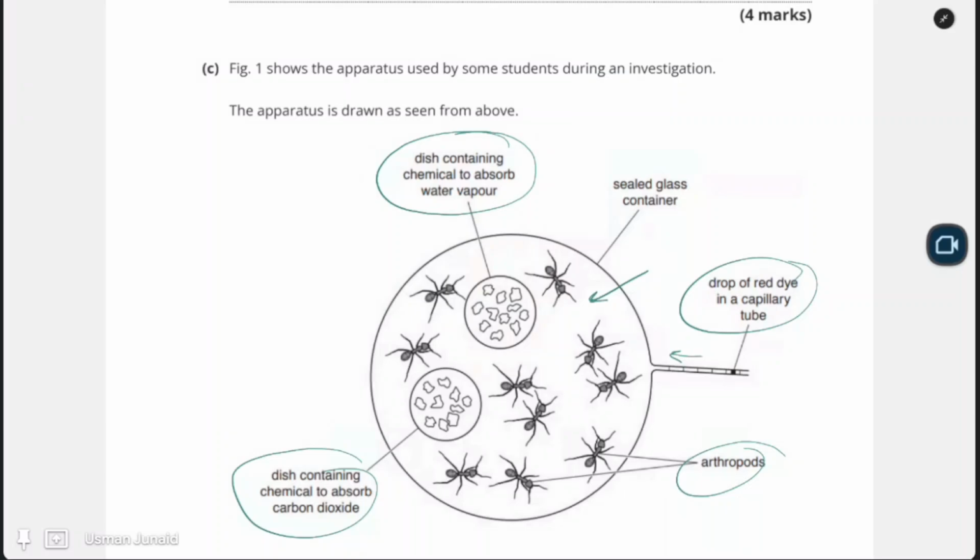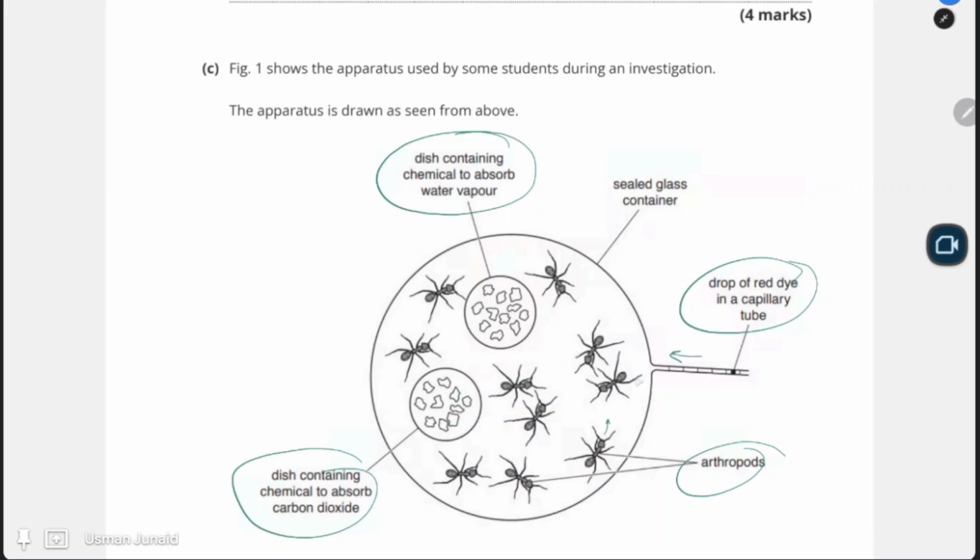Drop of red dye in a capillary. From the drop of red dye? No, no. Carbon dioxide is being produced by each and every one of these arthropods. So what happens is, these arthropods are respiring, they're taking up oxygen and making carbon dioxide, but all of that carbon dioxide is being absorbed. And the oxygen is being taken up by the arthropods.